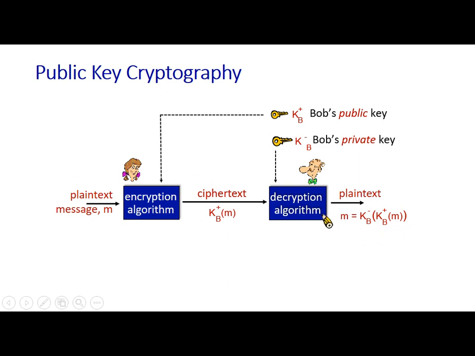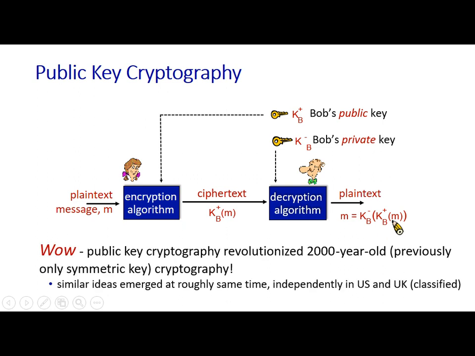So it's very important that Bob keeps his private key, and Alice only receives the public key. With the key pair, Bob can decrypt and recover the message. It's a very wonderful standard mechanism.